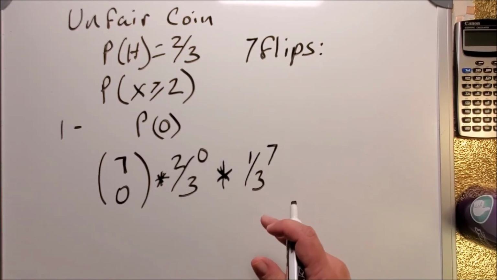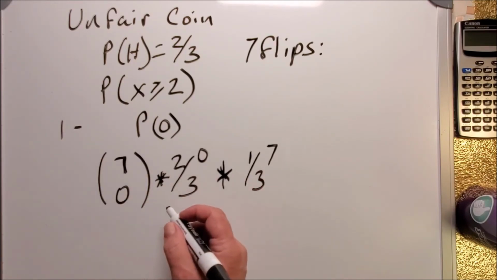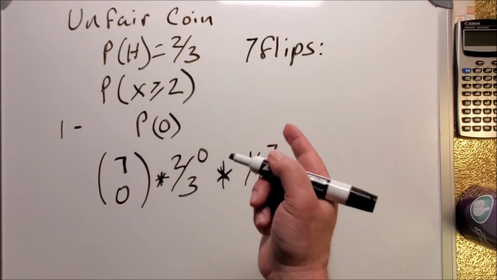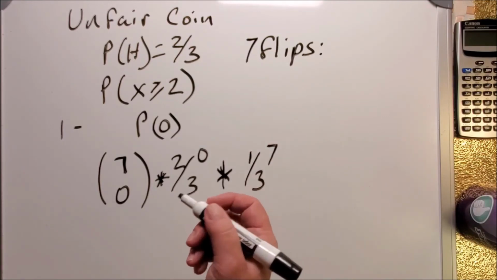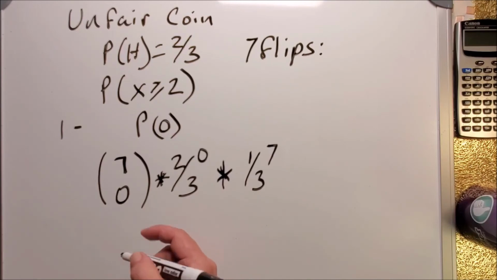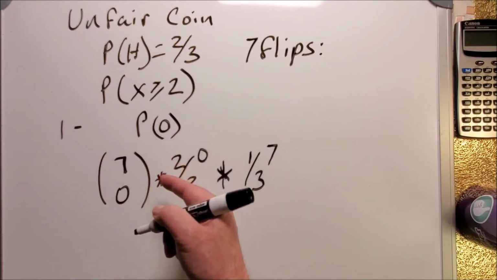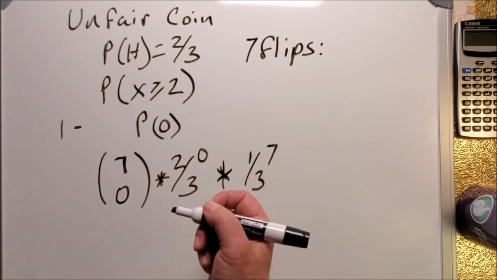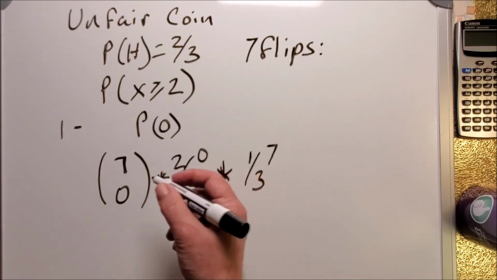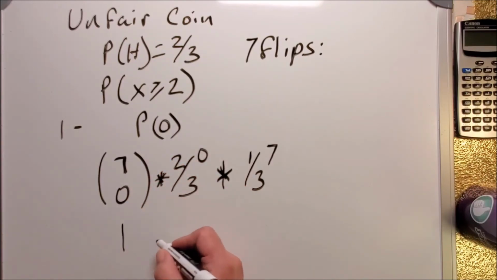So what we're going to need to do is figure out what this is and add that to the probability of 1 success and eventually subtract it from 1. 7 choose 0. How many ways are there to have 0 successes among 7 trials? Well, it's going to be 1. Remember, it's the shortcut you can use. Any number choose 0 is going to be 1, so that's 1.